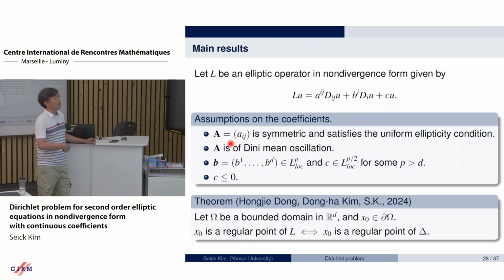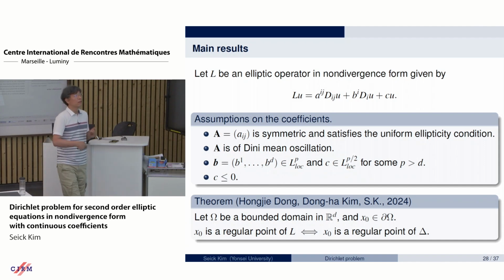I will assume that A is symmetric and uniformly elliptic, and A is Dini mean oscillation. For b and c, I allow them to be singular, but b is in L^p and c is in L^{p/2} for some p bigger than d. And I assume c is less than or equal to 0.